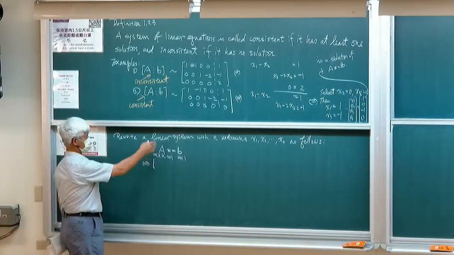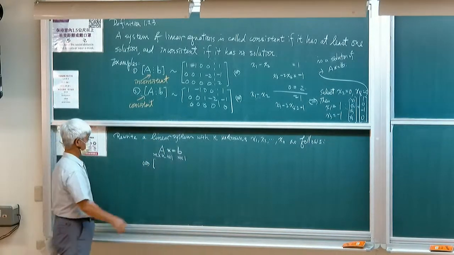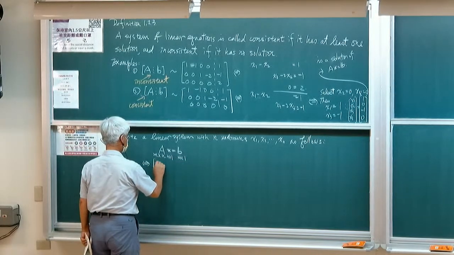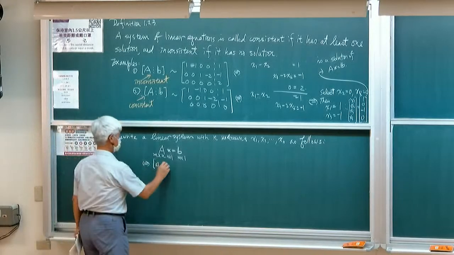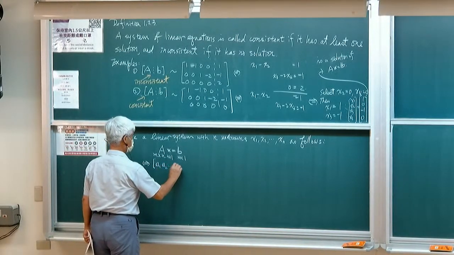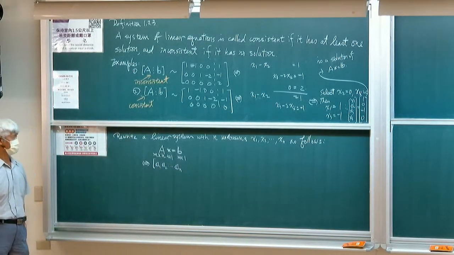Now we can split the coefficient matrix A column by column. So this is the first column of A, and then you have the second column of A, etc. So A has n columns, okay?